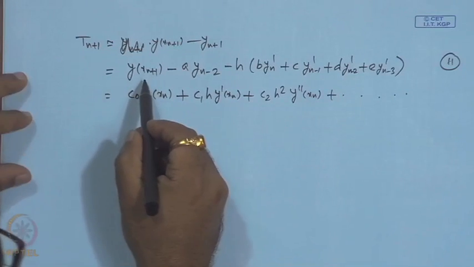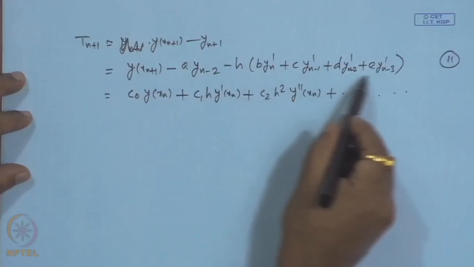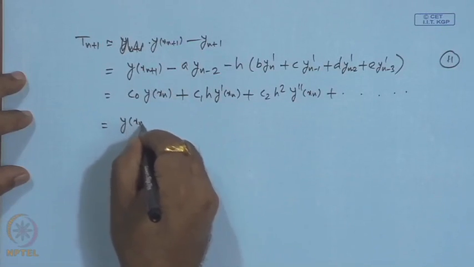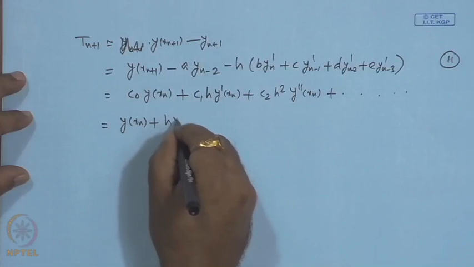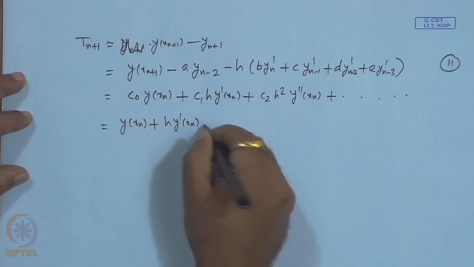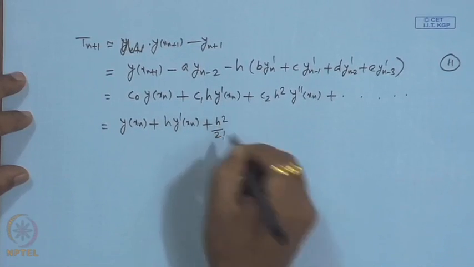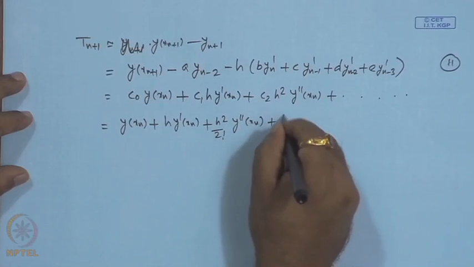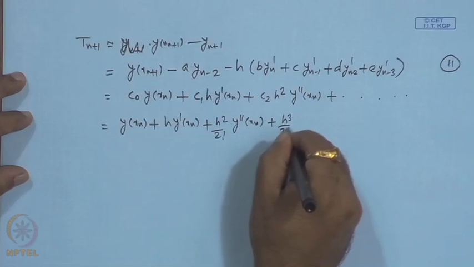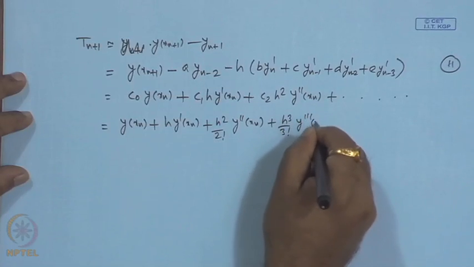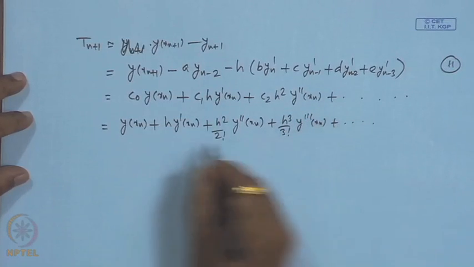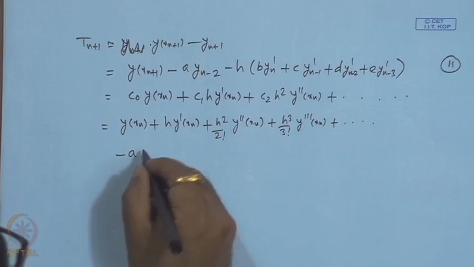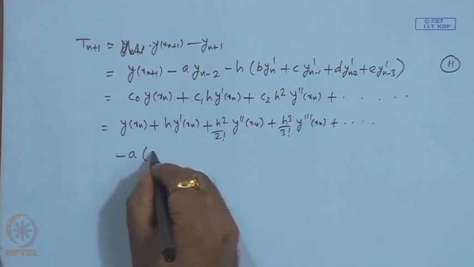So, we have expanded this, the expansion of this, then minus a y n minus 2 we have expanded.